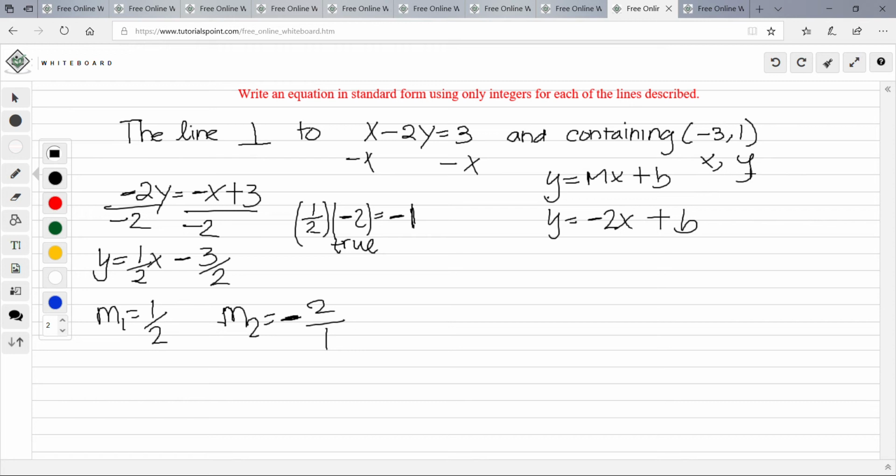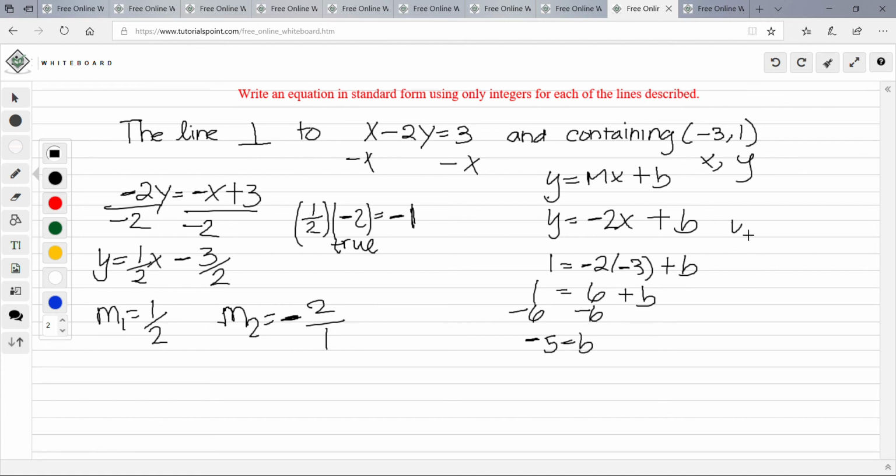So we say that y is 1. So here's 1, negative 2, and then our x is negative 3, plus b. We got to solve for b. So that's negative 2 times negative 3 is positive 6 plus b. Subtract 6 from both sides, you're left with negative 5 equals b.